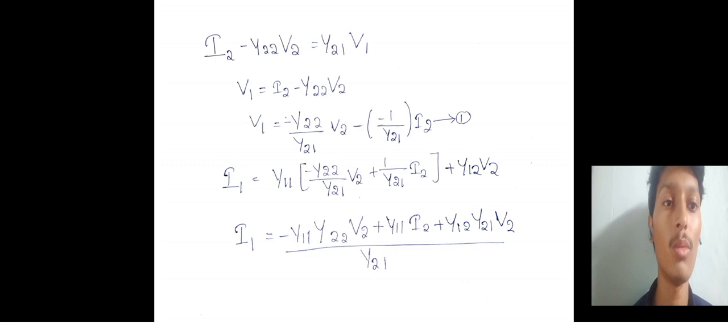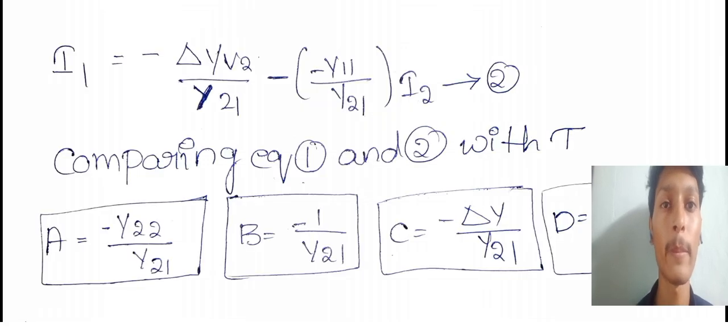I1 equals Y11 into (minus Y22 by Y21 V2 plus 1 by Y21 I2) plus Y12 V2. From that we take LCM and we get I1 equals (minus Y11 Y22 V2 plus Y11 I2 plus Y12 Y21 V2) by Y21. From that we get I1 equals minus delta Y V2 by Y21 plus Y11 by Y21 into I2.